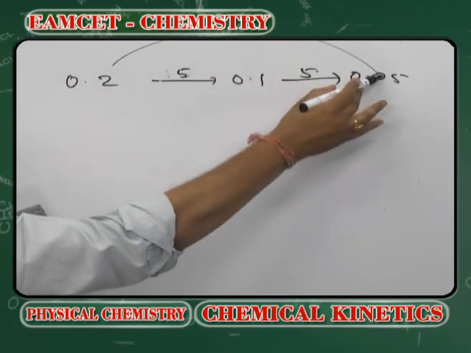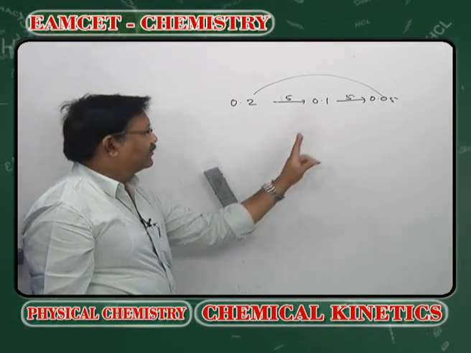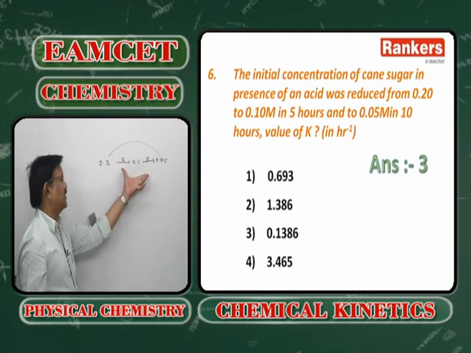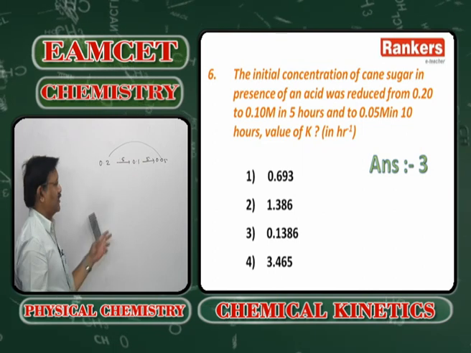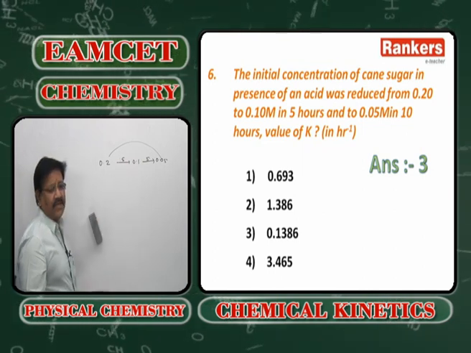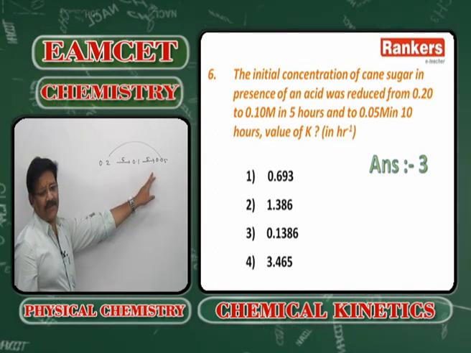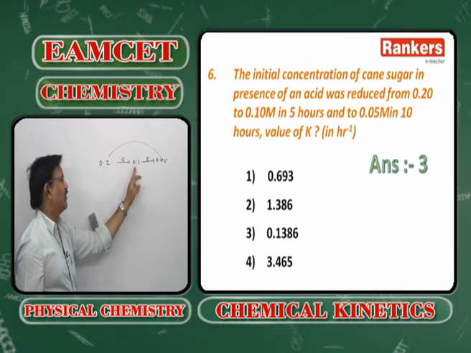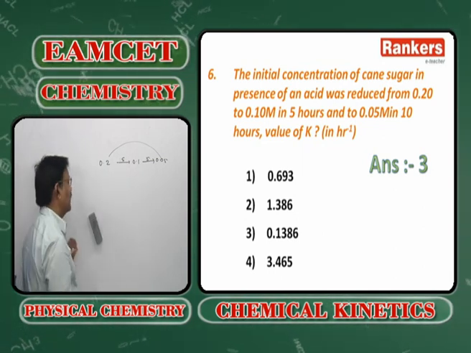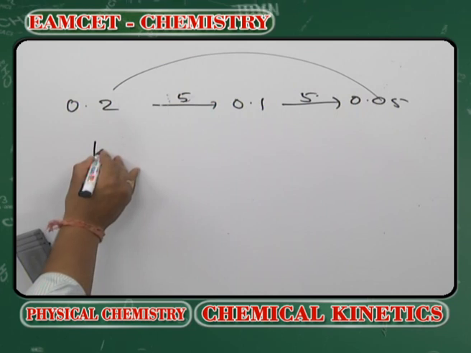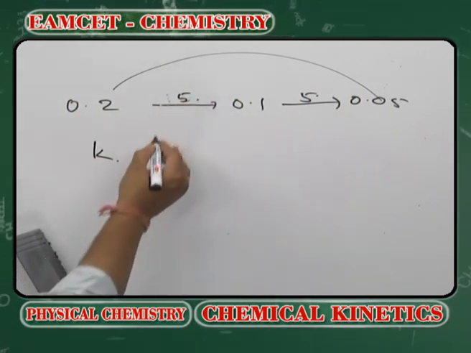So the reaction follows first order kinetics. What is the major character of first order reactions? The half-life period remains constant. The half-life period does not depend upon the initial concentration. Then how to find the K value? The half-life period is 5 hours.